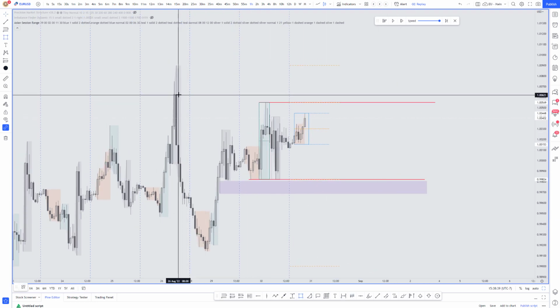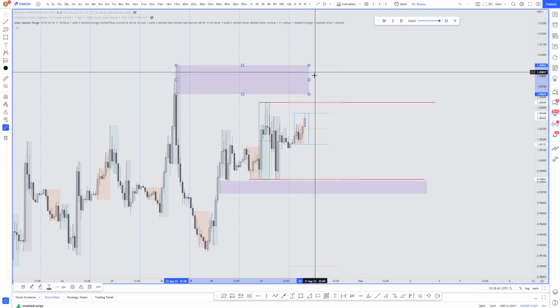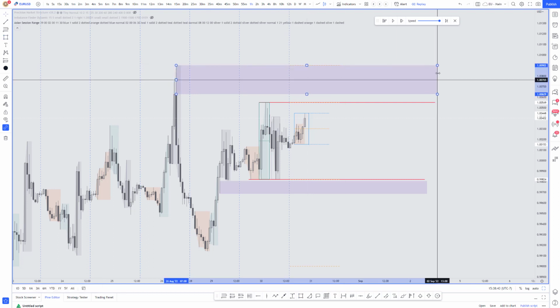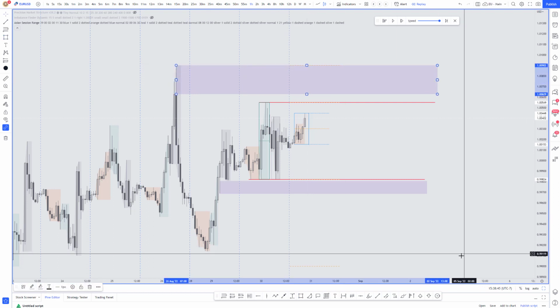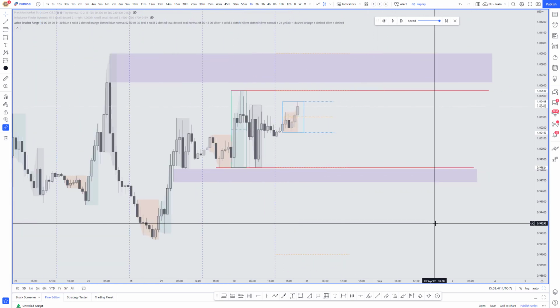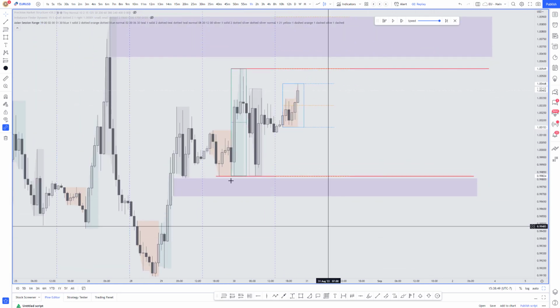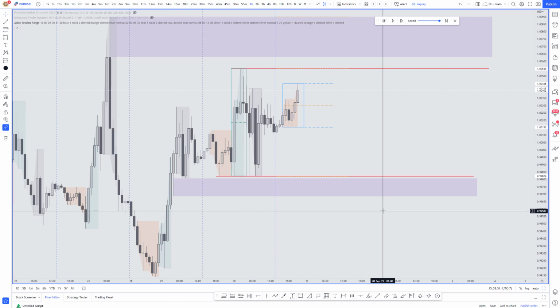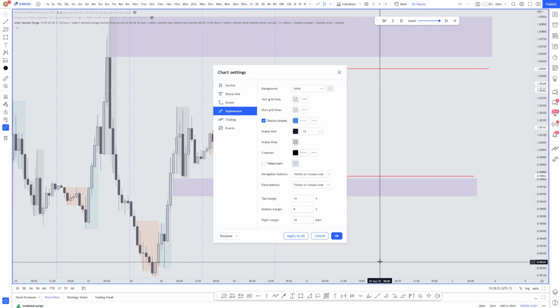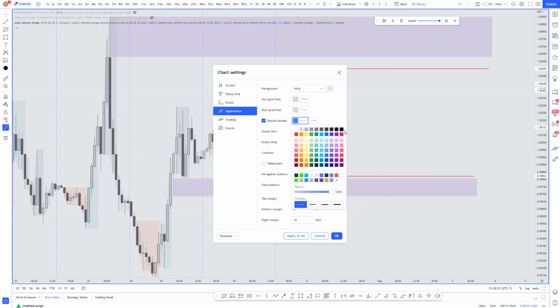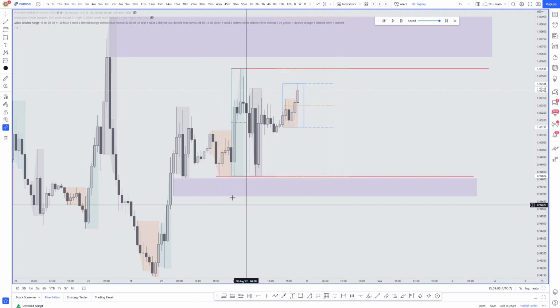Same thing on the upside. Wicks are imbalance. So this kind of identifies our range and shows us where we want to be working toward. Basically where we're working within the range. We should be black. I can actually turn those off.